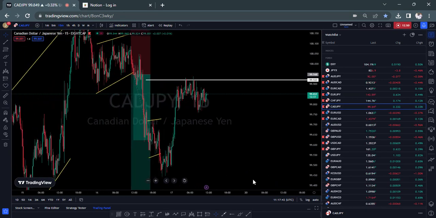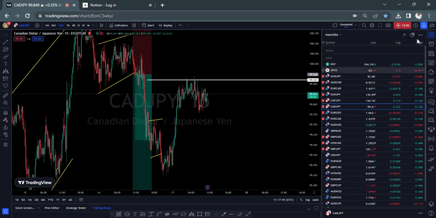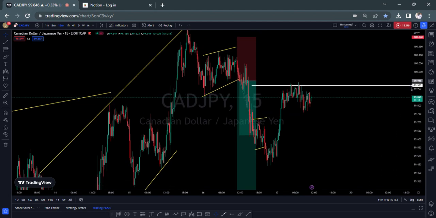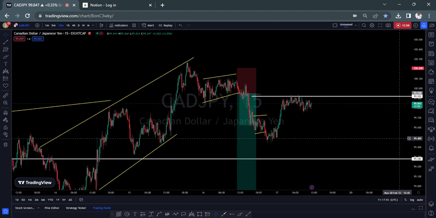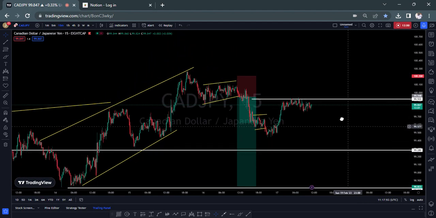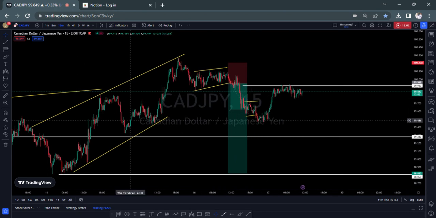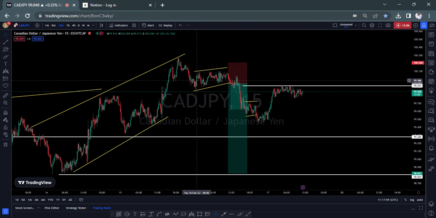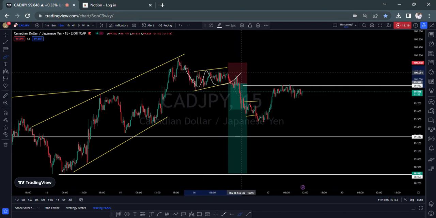CADJPY did dirty to me. You can see how clean this structure is. Very, very clean structure. One, two, three, one, two, three structure with a type of impulse, and you can see impulse, correction.